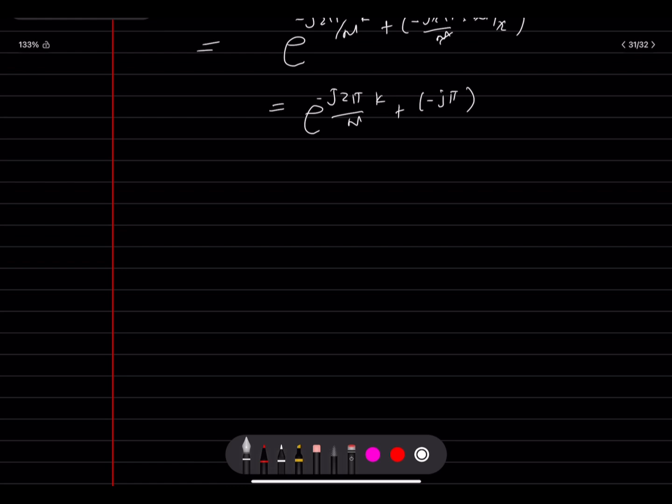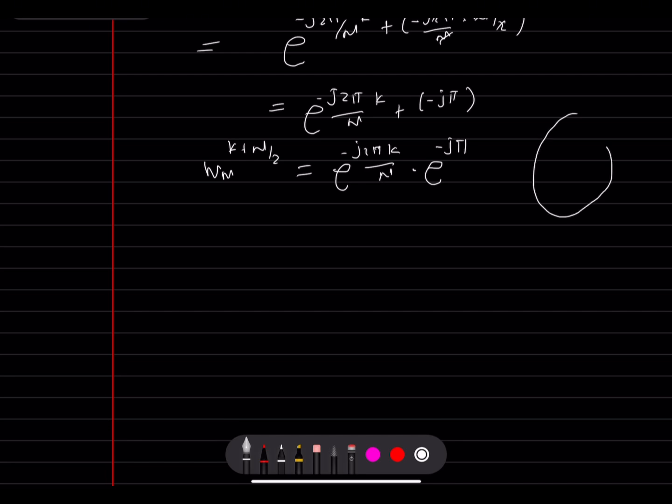At the end of the day, we can write that omega N^(k+N/2) is equal to exponent -j 2 pi k over N multiplied by exponent -j pi. Looking at this, if you don't have a calculator, you can use the complex plane as I did earlier. Here is 1, j, -1, and -j. Here it's pi.